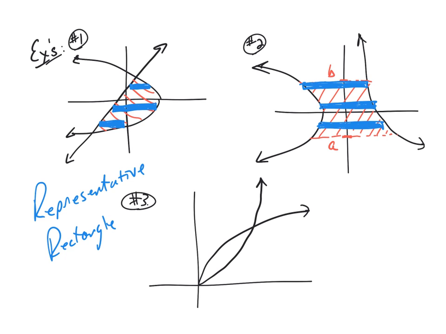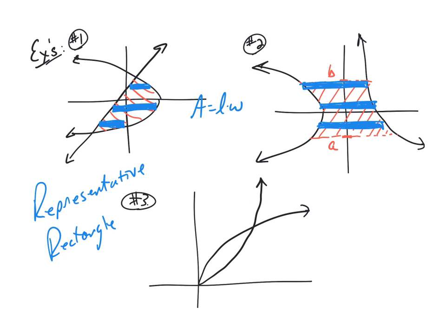Okay, and before I get to my third example, I'd just like to point out, so that it makes sense when we start doing examples, please notice that for all of the representative rectangles that I've drawn, the lengths are horizontal. So keep in mind, we're going to be finding areas of rectangles. So areas of rectangles, of course, are lengths times widths.